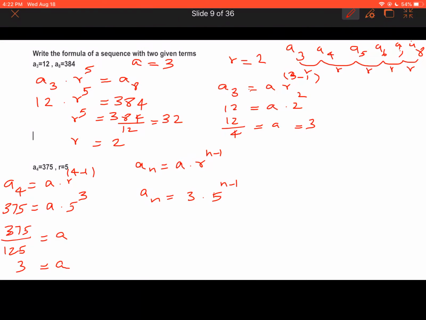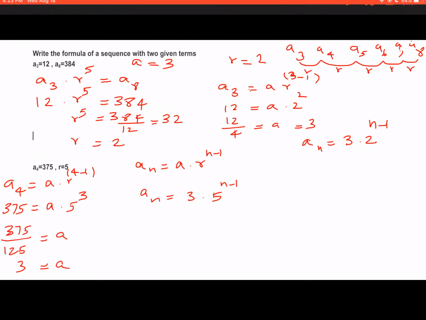So a is 3 and r is 2. So easily we can write the general equation, which is 3 times 2 to the power of n minus 1. Whatever terms they give, we are able to derive the general formula. That's what I want to show with these examples.